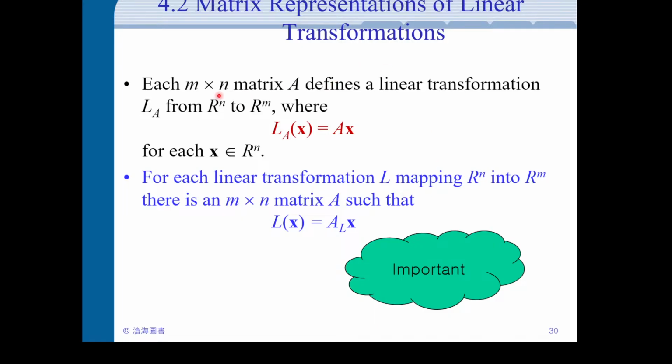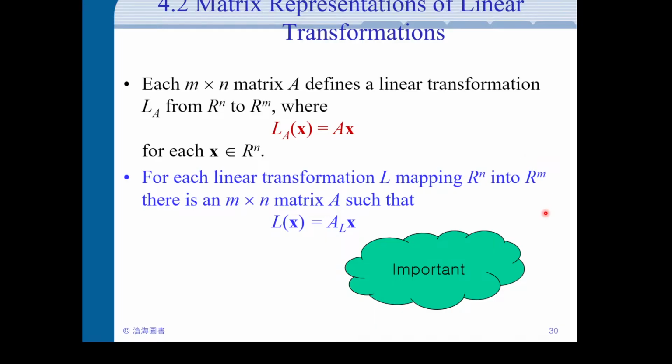Every m by n matrix, we can define a linear transformation as we just said today, by just L of x is A times x. And if the matrix is m by n, this will be a mapping from Rn to Rm, because x will be an n-dimensional vector, and Ax will be an m-dimensional vector.